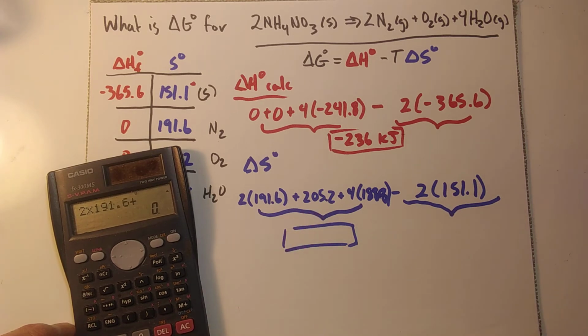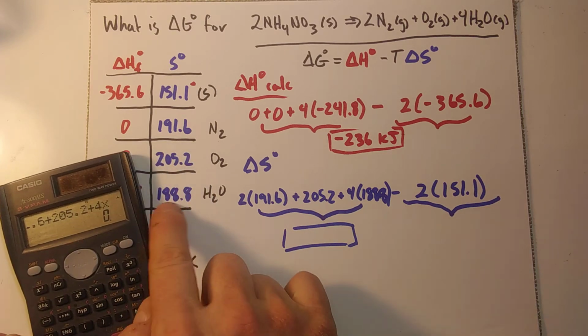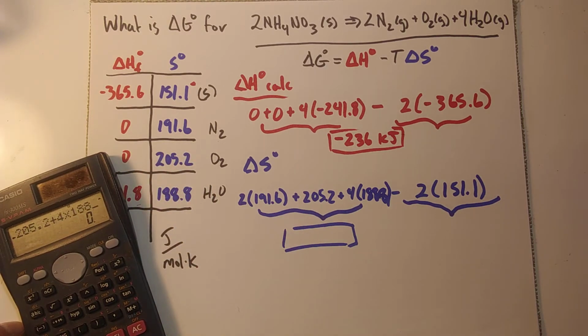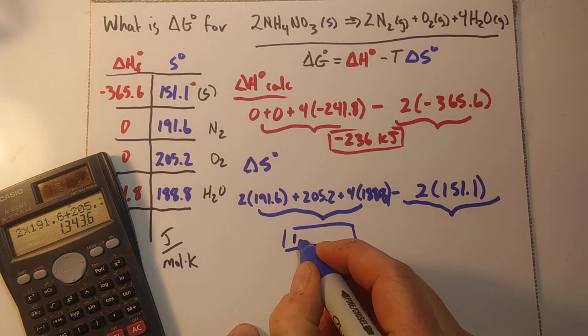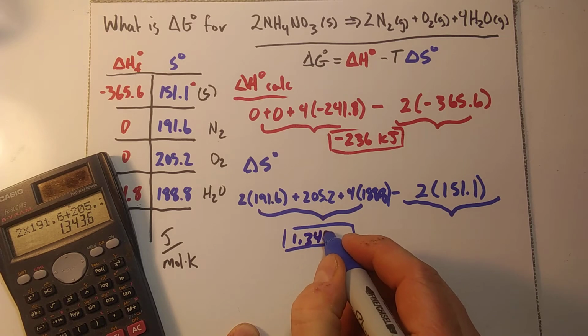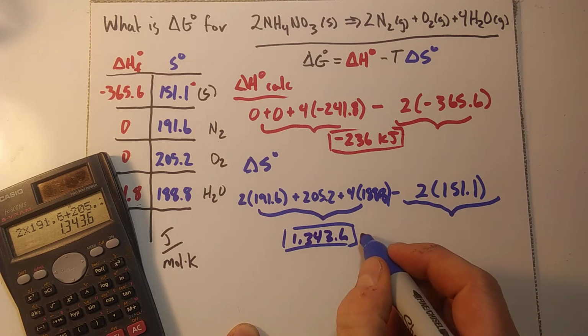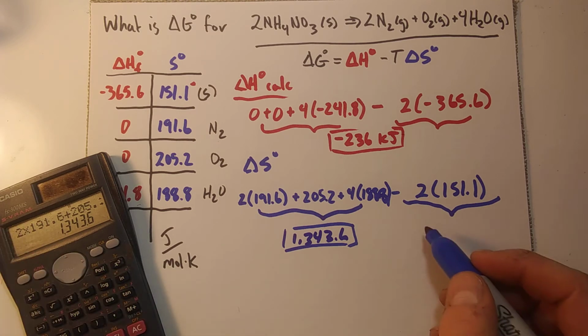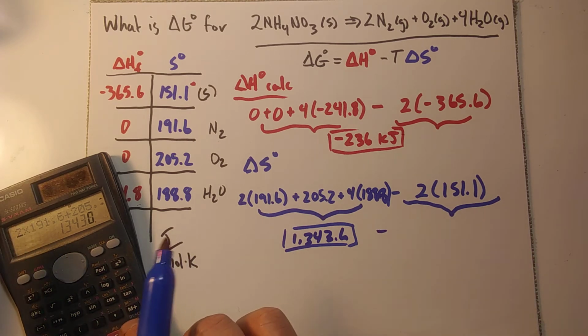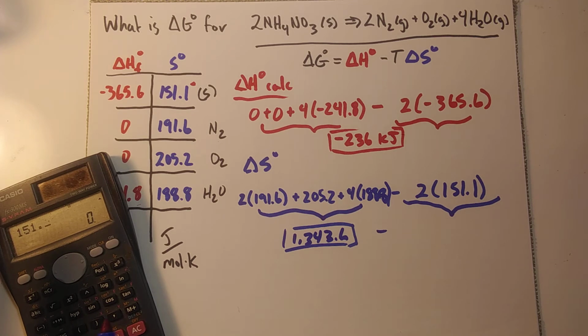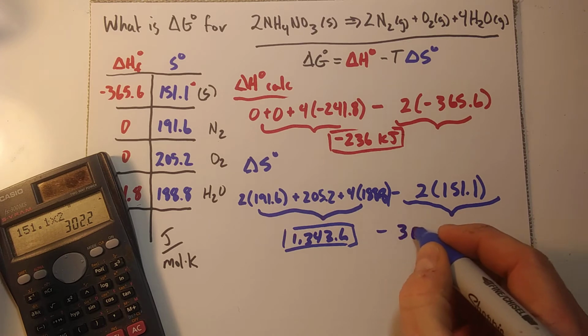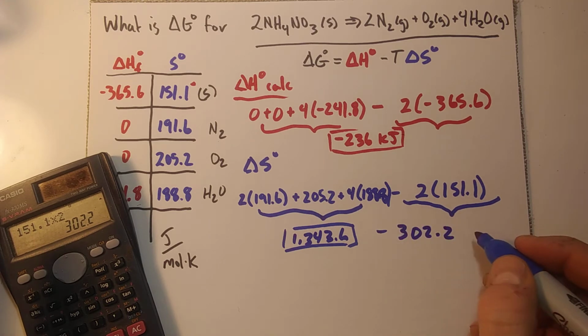So just adding all these up. 4 times that 188.8 equals, yeah, pretty significant, 1,343.6, and this is in joules, so I want to remember that because I'm going to have to convert that to kilojoules, minus 302.2 joules.